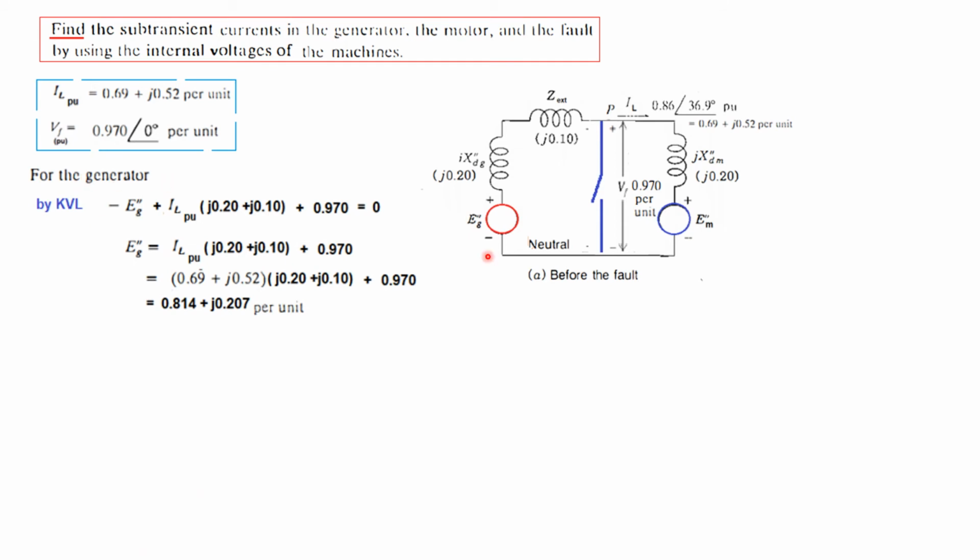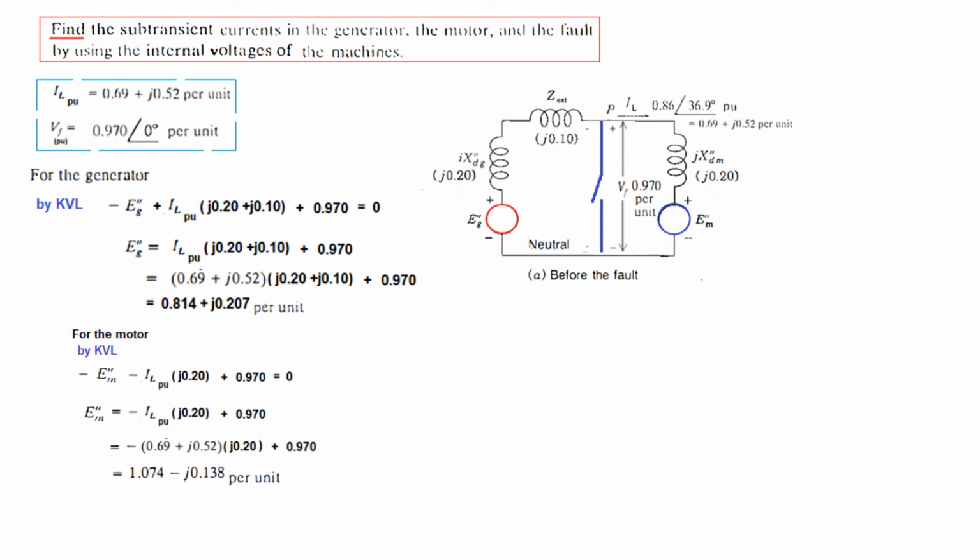So starting from here, minus EG, then plus IL with these two, and plus Vf, which is 0.97. So these are all in PU, and from here we can find the answer to be 0.814 plus j0.227 per unit. So this is the generator voltage.